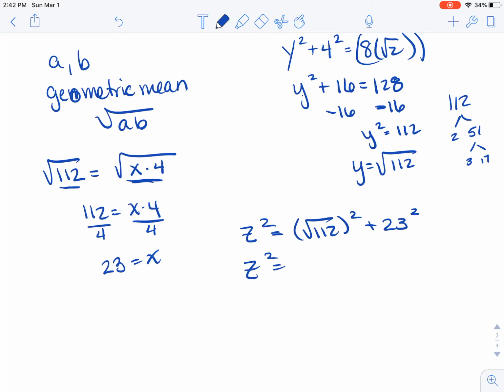So z squared equals 112 plus, sorry, I've got to figure out what 23 squared is. 23 squared is 529. So z squared equals 641. So z would be the square root of 641.